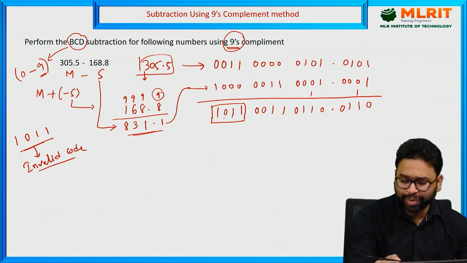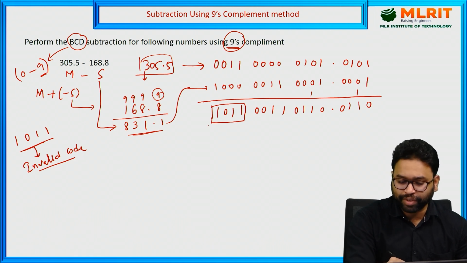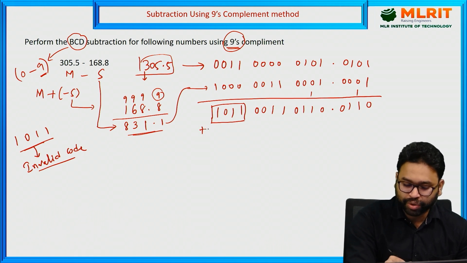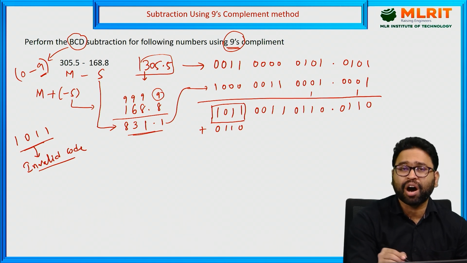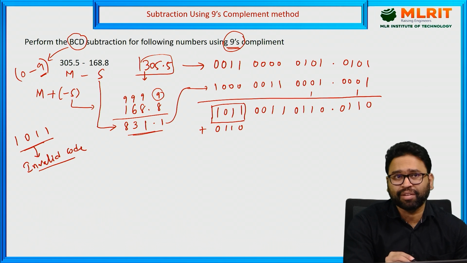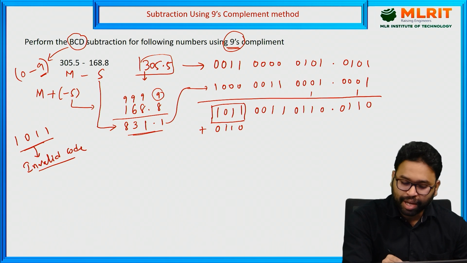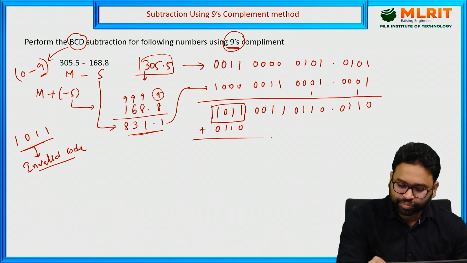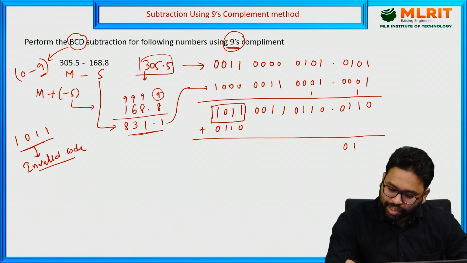Right now we are performing addition and it was generating an invalid code 1011. For this code, you are supposed to add 0110 to make it a valid code. We already discussed how to convert an invalid code into a valid code in the last session. So currently I'm adding 0110 to the invalid code. In the rest of the values, just leave them as they are and copy the values just like that.